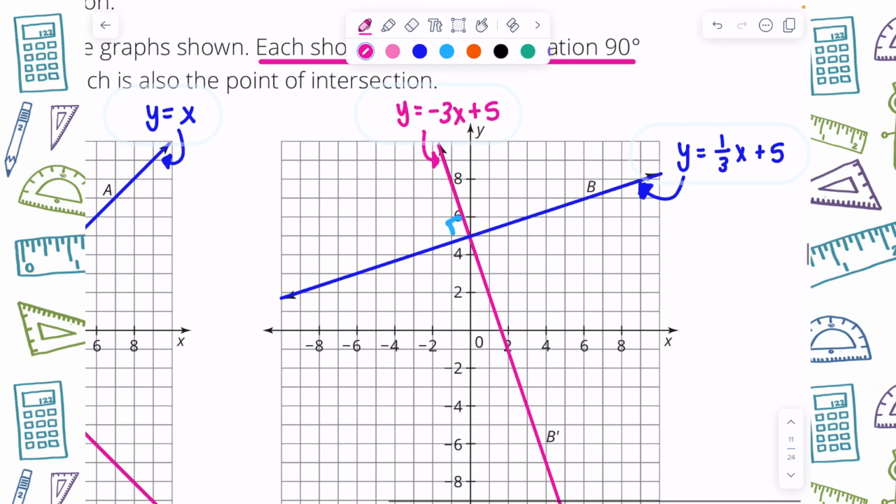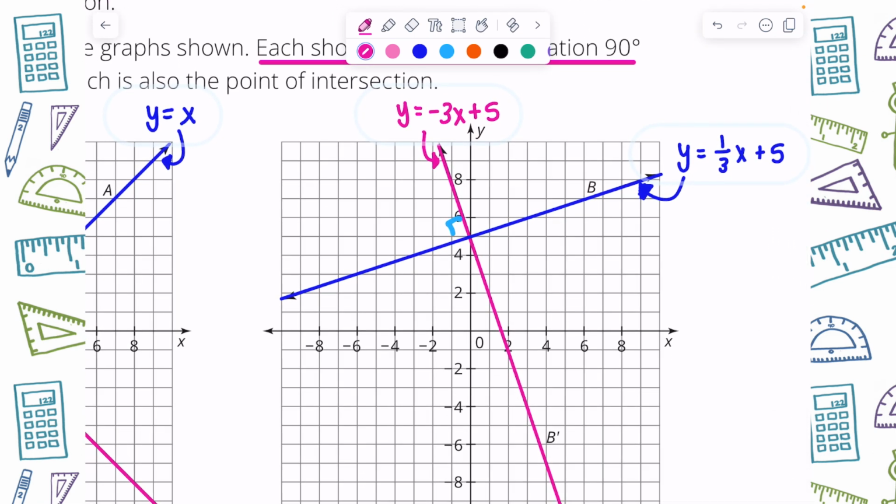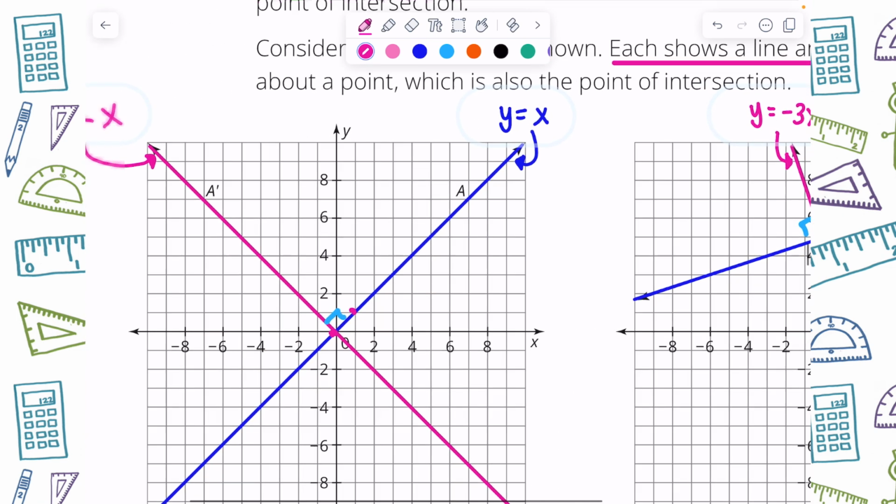If we look at this graph, the pink line had a slope of -3, whereas the blue line had a slope of 1/3. Those are also opposite reciprocal slopes. One's positive, one's negative, and then we take our fraction and flip it upside down. So we take -3, make it positive, and technically we can write 3 as 3/1, flip that fraction upside down, and it becomes 1/3. Let's look back at the first graph.